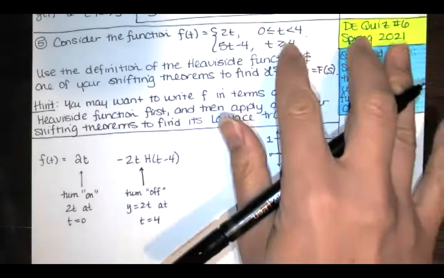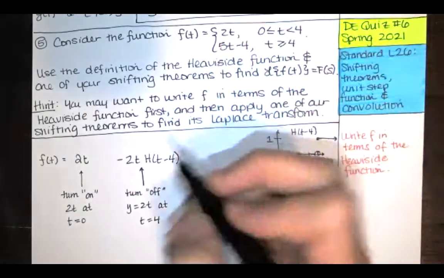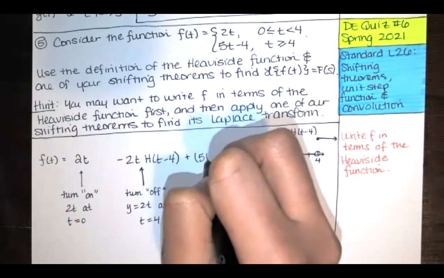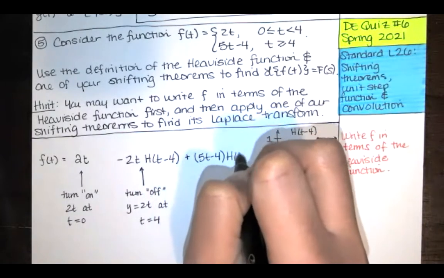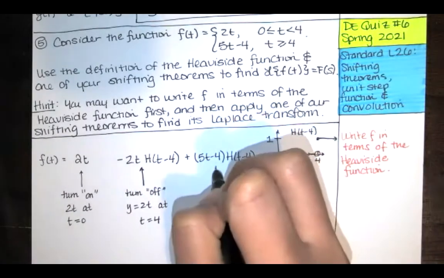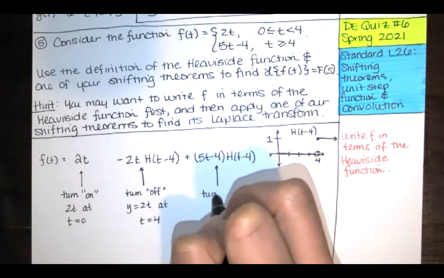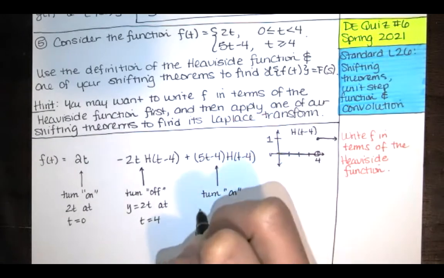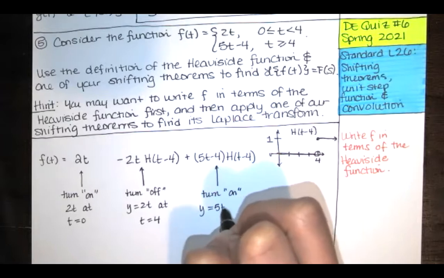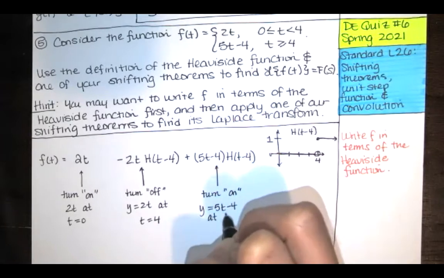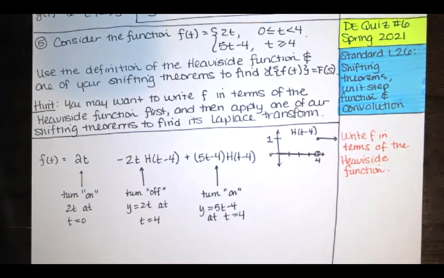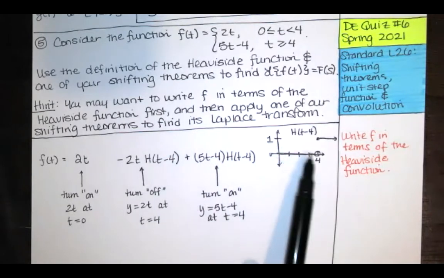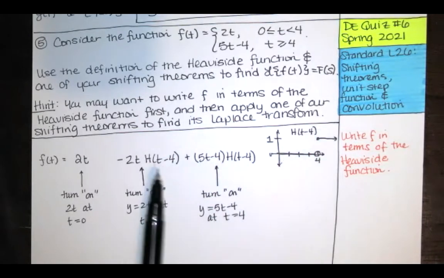Now at t equals 4, we also want to turn this function on. So we will add that function and multiply by the Heaviside function at t minus 4. And you can check, if we're on the interval from 0 to 4, the Heaviside function is 0.